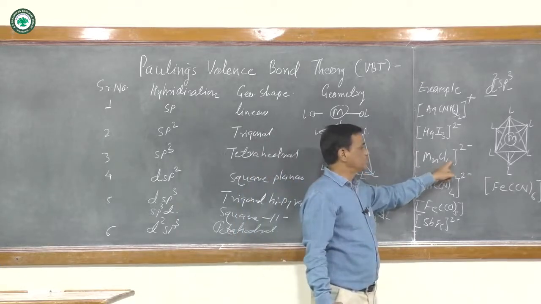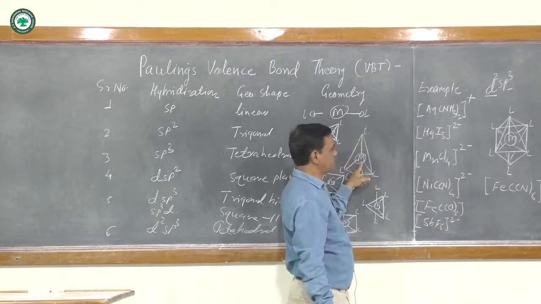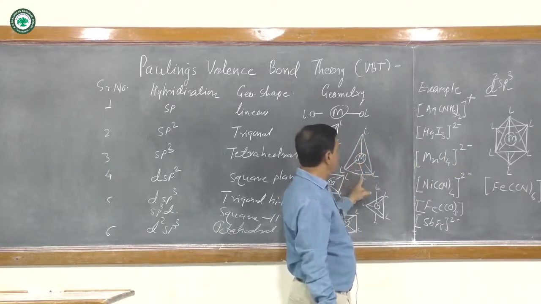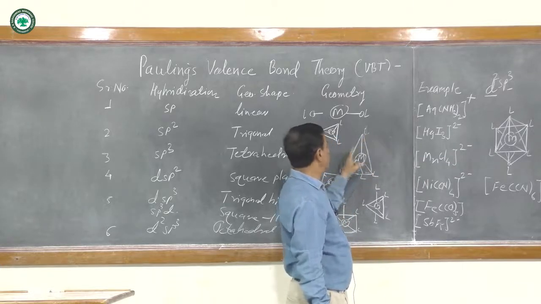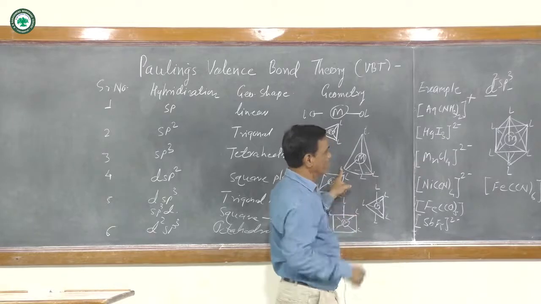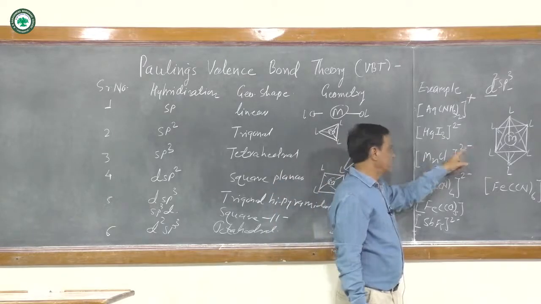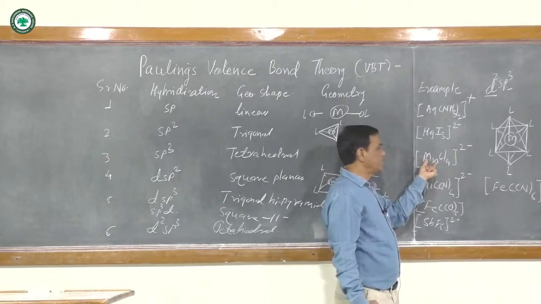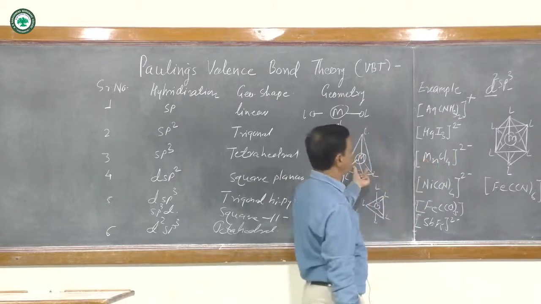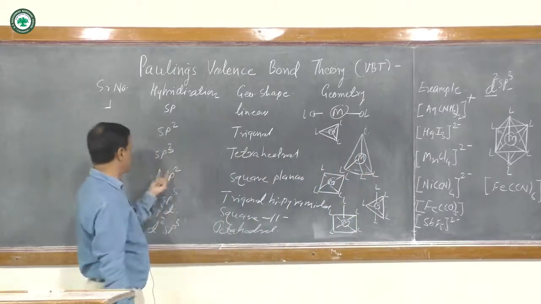Example is MnCl4 2-. In this complex, manganese is at the center position. 4 chloride ligands are at the corners of the tetrahedron, and the charge on that complex is 2-, because 4 negative ligands are there. The charge on manganese is Mn2+, and this is the structure, and hybridization is sp3 hybridization.